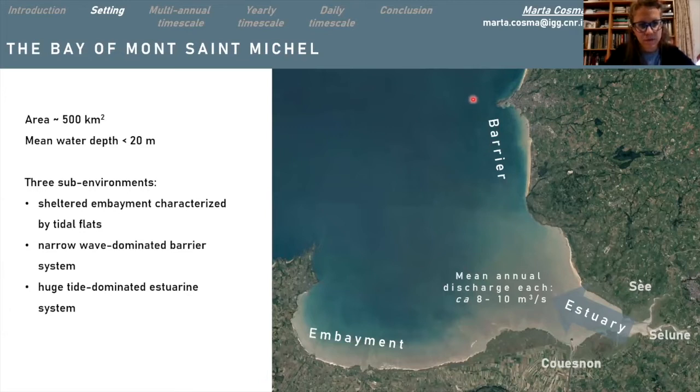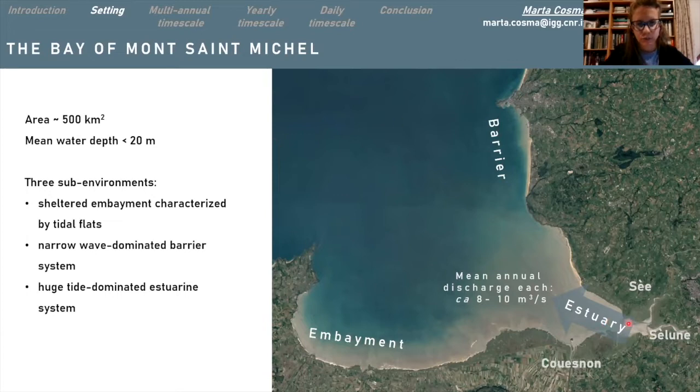Except for the wave-dominated barrier, the bay is actually quite protected from wave action by the Cotentin Peninsula and an archipelago, the Chausey highlands, that are located up here.